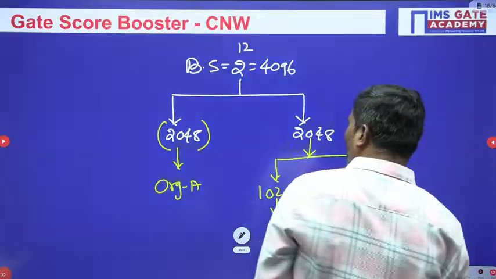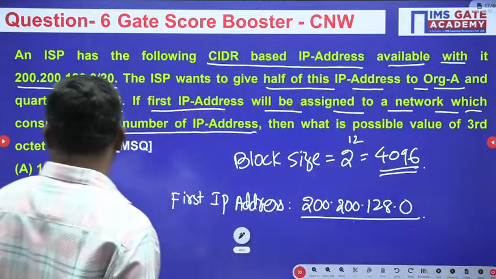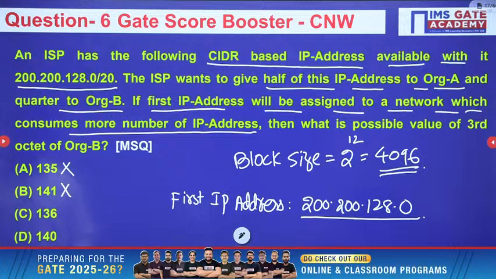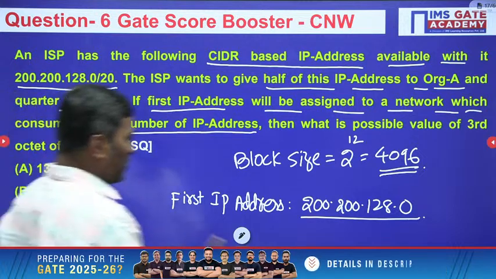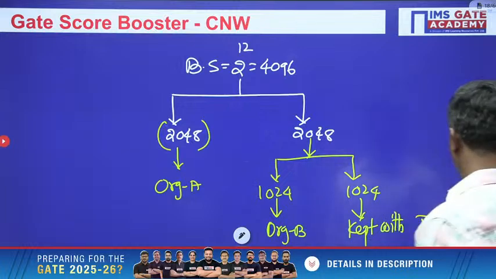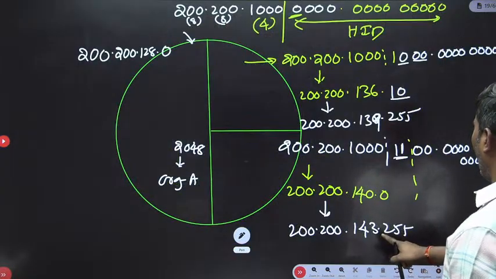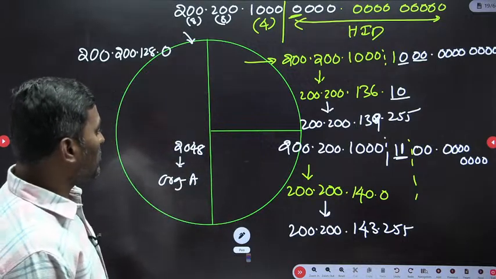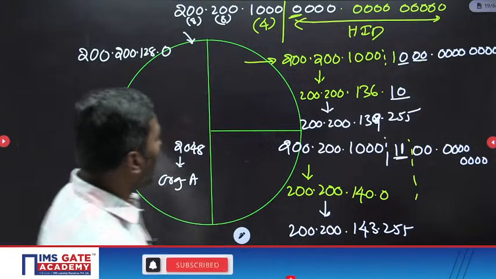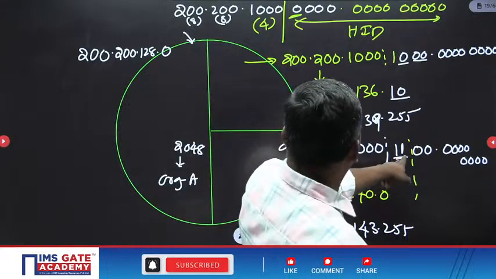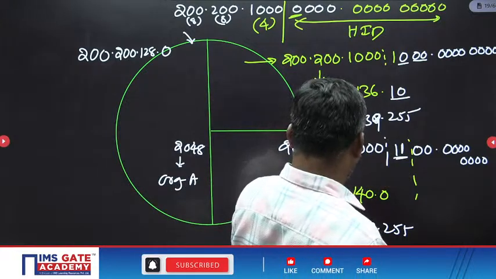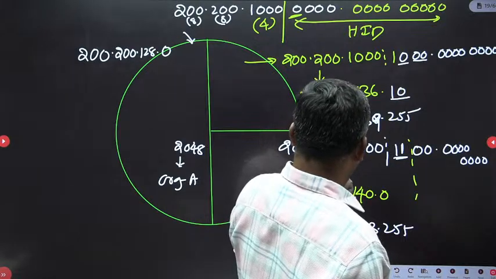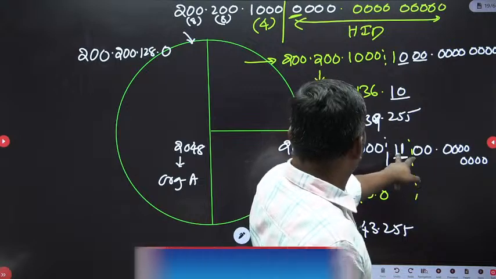So now come to the point. Which will be the third octet? 135 cannot be, 141 also cannot be. 141 possible? Check here, 128 plus these two bits are 1. This value is how much?